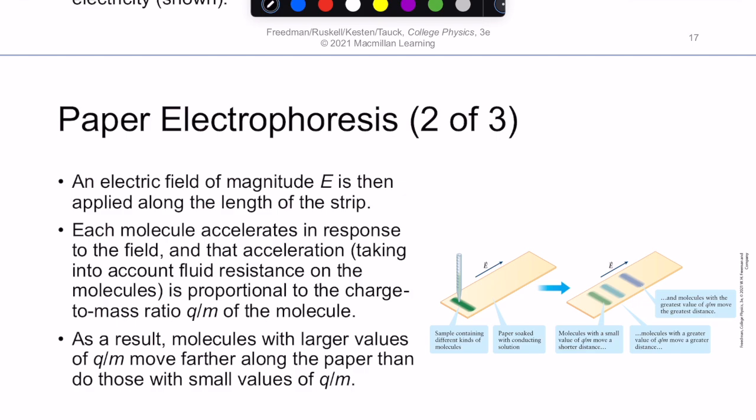Then you apply an electric field in the vicinity of the paper, and you're going to have molecules of different sizes and charges migrate along that film depending on their ratio of Q over M, because remember what we just found out is that Q over M equals A over E. Depending on that, you can vary the electric field, and you can see how far the molecules go and help you identify them.